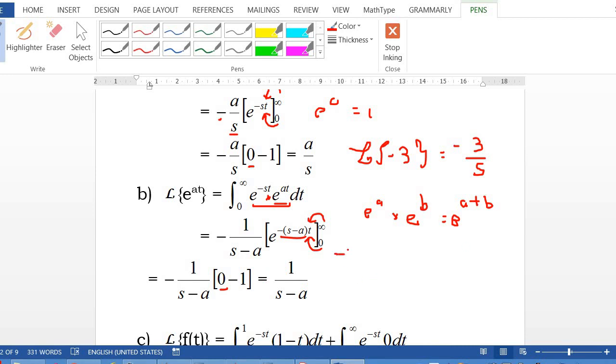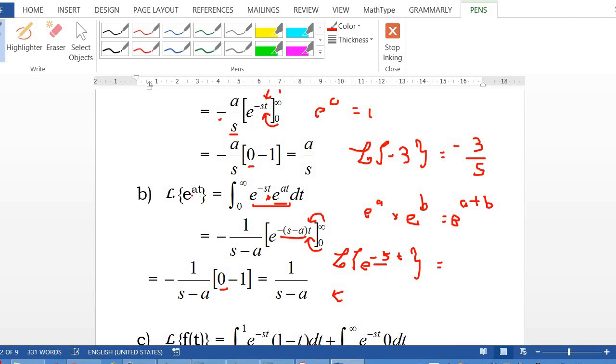Hence, if you want to find, let's say, exponent negative 5t, the formula here means a is negative 5.